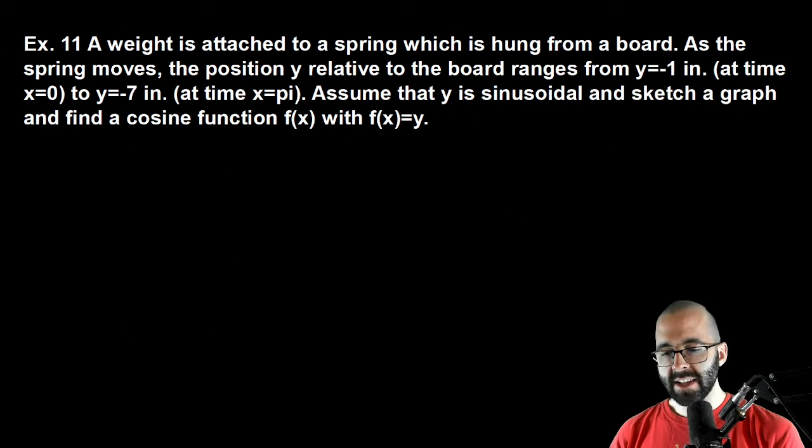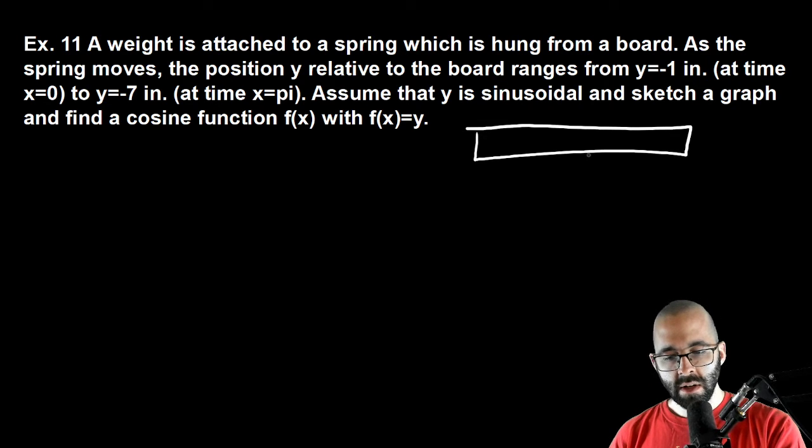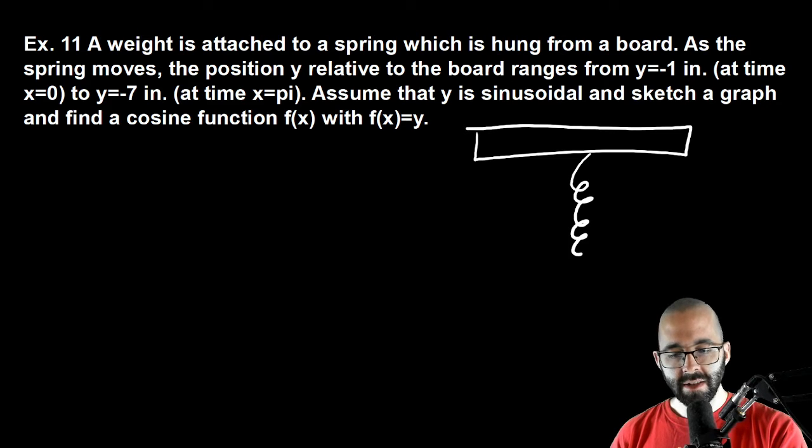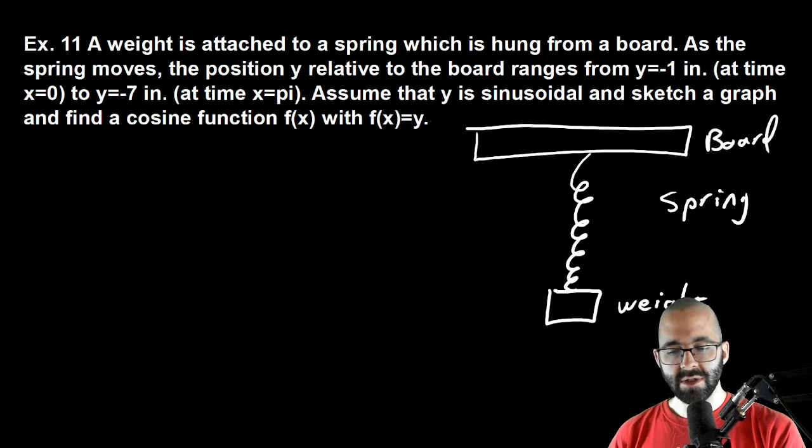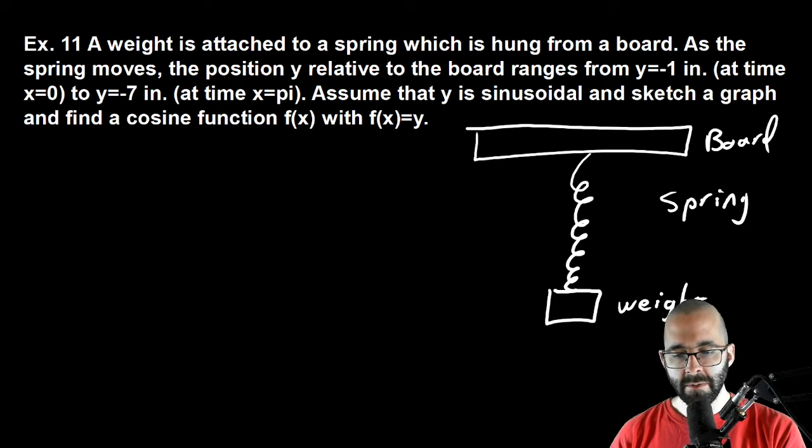Okay, do another problem. A weight is attached. Let's draw a picture here. Say there's a board, and then there's a spring, pretend that's a spring, and then there's a weight. So a weight is attached to a spring which is hung from a board.